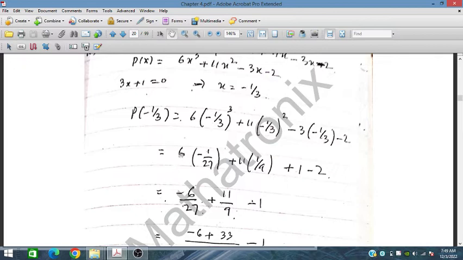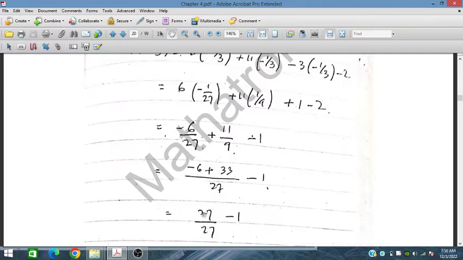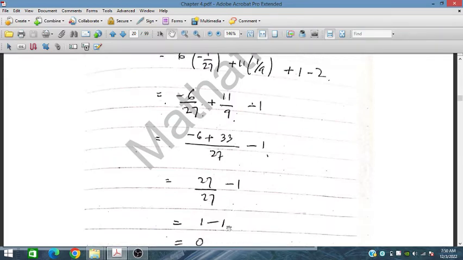Here this is 6 divided by 27, 11 by 9, minus 1, minus 2. So take out the LCM, which is 27. So minus 6, plus 33, minus 27, divided by 27. This is 1 minus 1, so 1 minus 1 is 0.